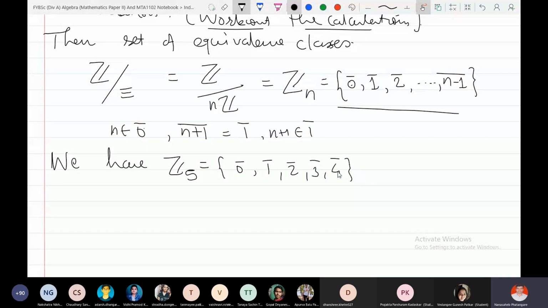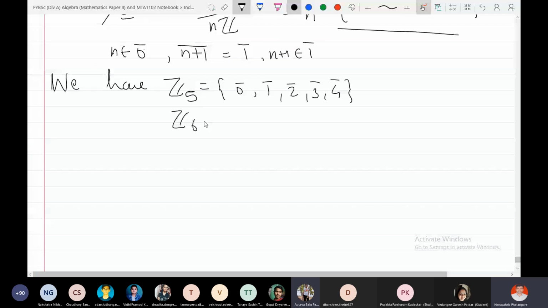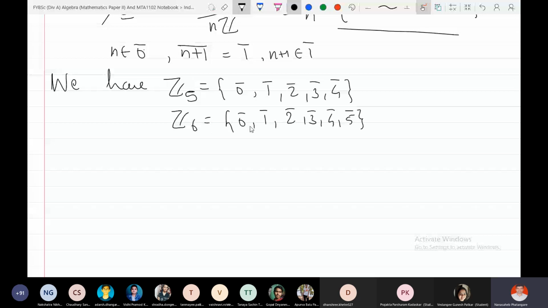Very good. So what is Z6? 0 bar, 1 bar, 2 bar, 3 bar, 4 bar, 5 bar, right? 6 bar is the same as 0 bar, 7 bar is the same as 1 bar, and so on. So this is modulo 5, this is modulo 6, equivalence classes modulo 6, right?